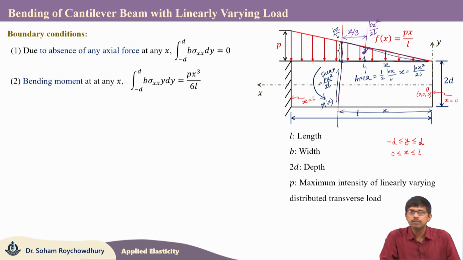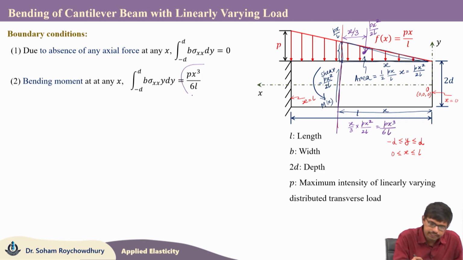This is well known from geometry. Now, the moment of this load about this particular section would be x by 3 times p x square by 2 L, which is p x cube by 6 L. That is what is written here.